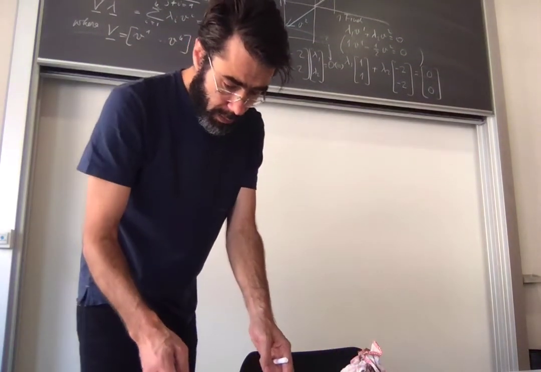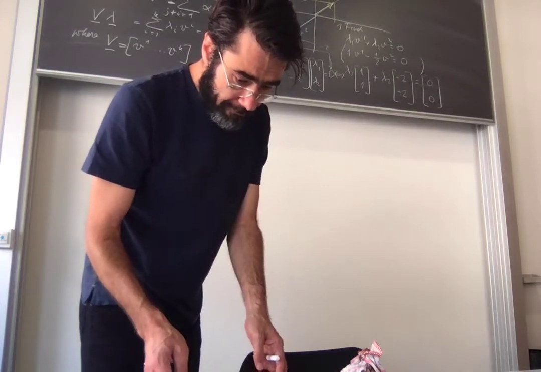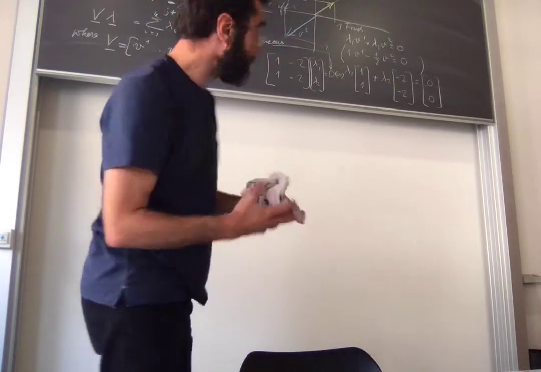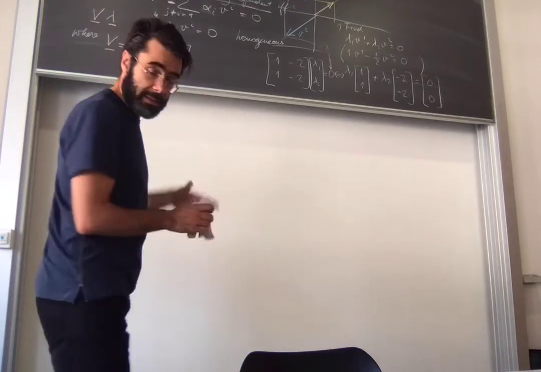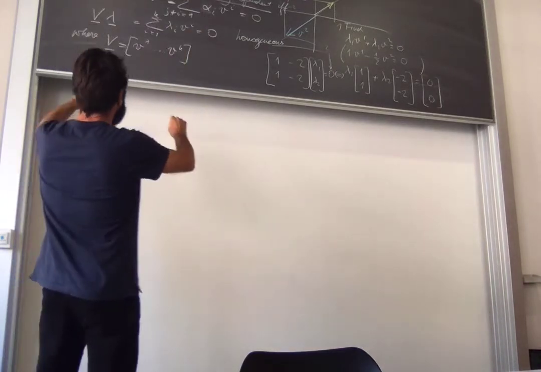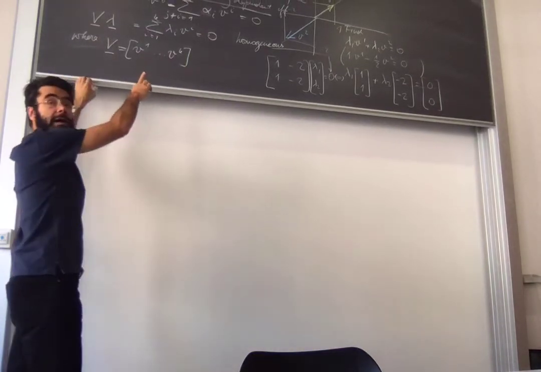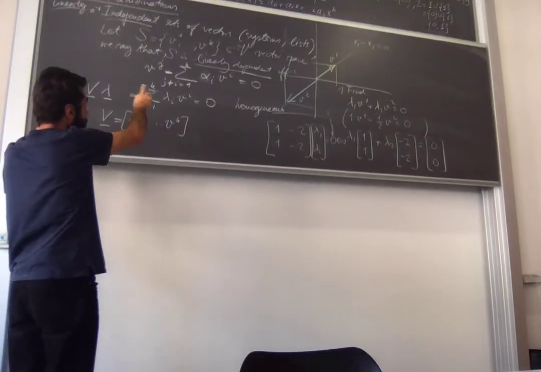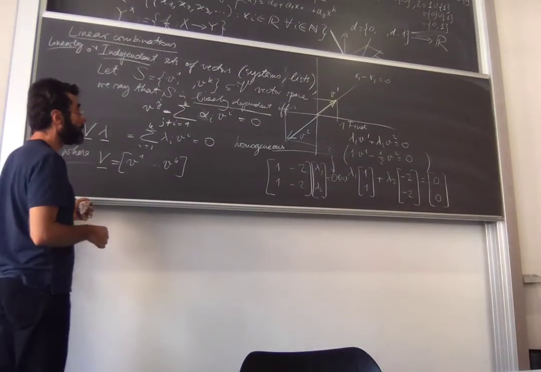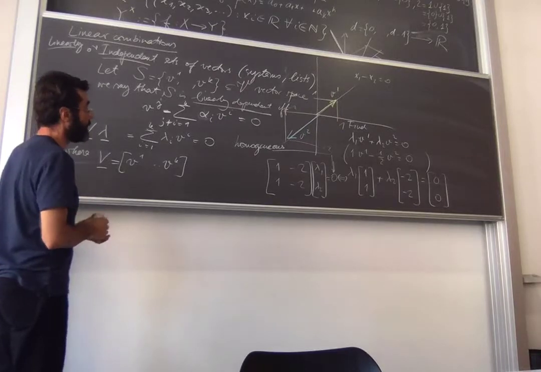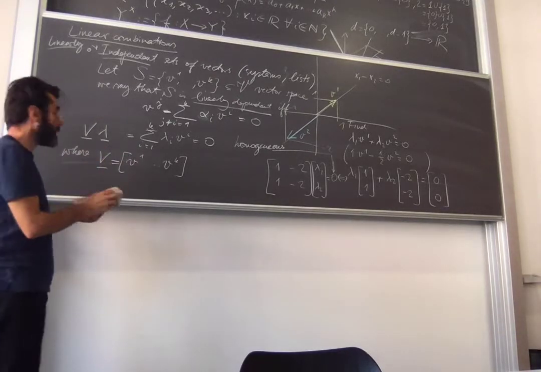Once we have independent sets, of course I didn't tell you what independent means. Independent means the opposite of that. So when we say that a set of vectors is independent, I'm going to rewrite it here on the board.